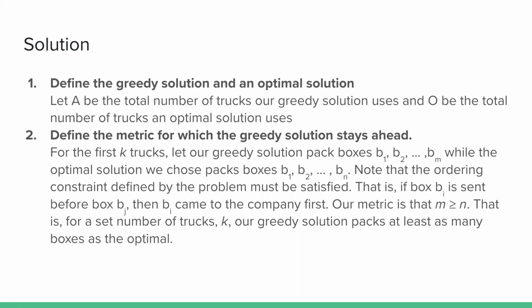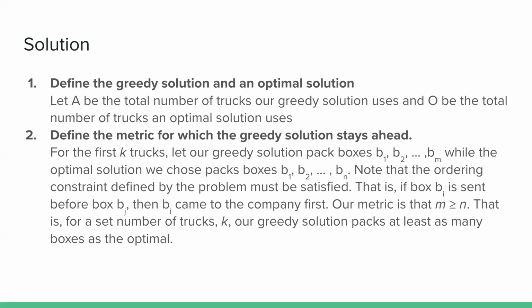And then the metric in which the greedy solution stays ahead: for the first K trucks, our greedy solution packs boxes B1 to BM, and the optimal solution packs boxes B1 to BN. It's also important to note that this ordering is sequential, because it matters that we ship boxes that come first before boxes that come later. That was mentioned in the problem statement. Right, so if box BI comes before box BJ, then BI should be shipped out first. Okay.